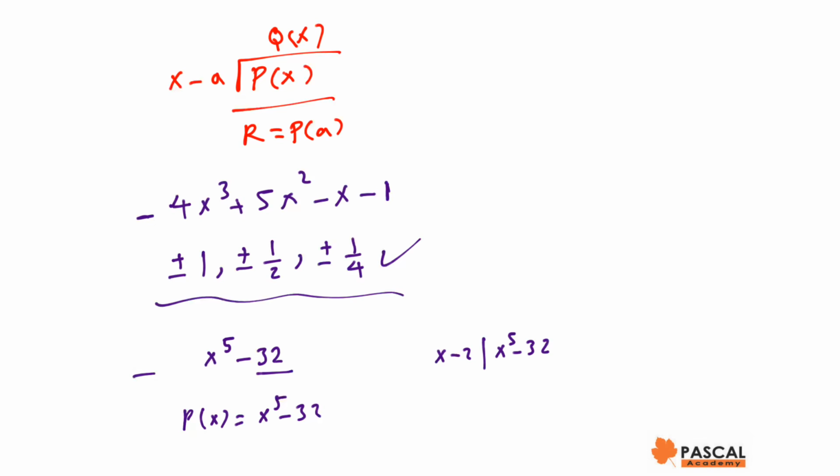Now I divide x^5 minus 32 by x minus 2. x^5, x^4, x^3, x^2, x, and the constant. This is x^5 minus 32. 2 is the root of the divisor. 2 times 1 is 2 plus 0 is 2. 4, 8, 16, and 0. The remainder is 0.